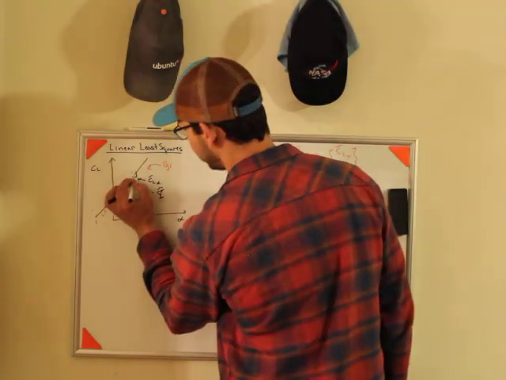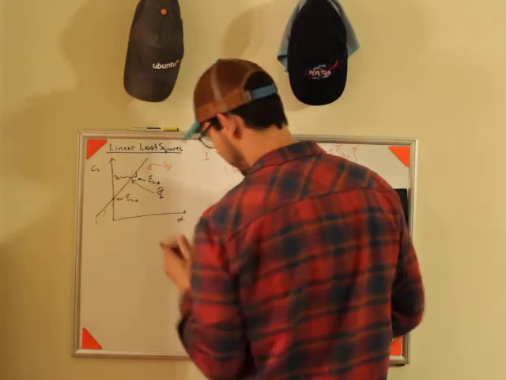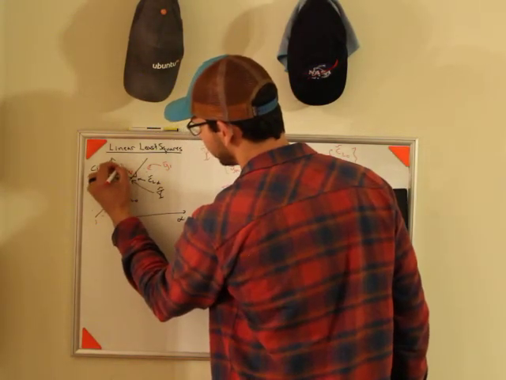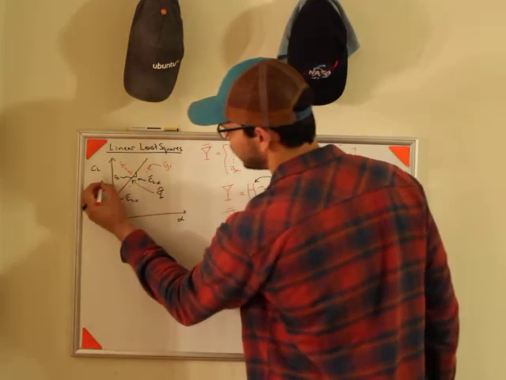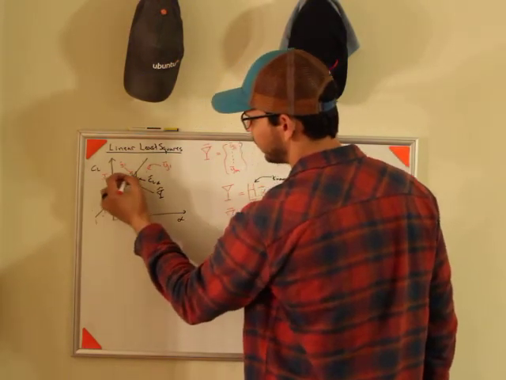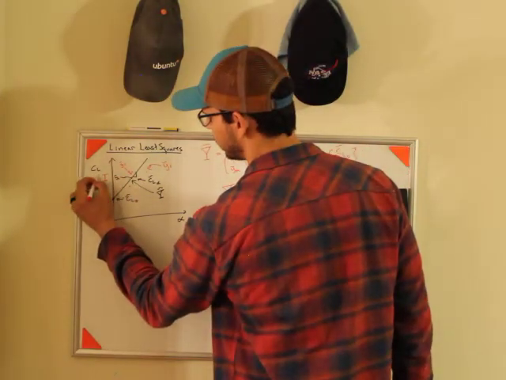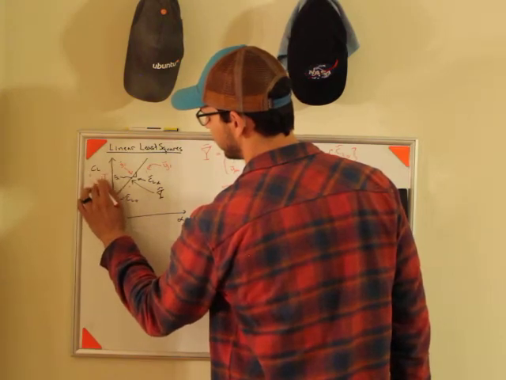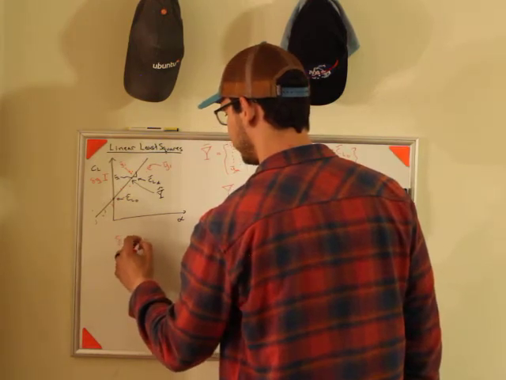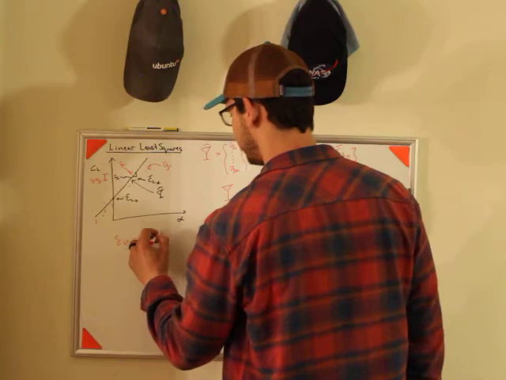So this point here is y tilde i, and this point here is y bar i. You can see the difference between my regression equation and my measurement is what I call delta y, where delta y is y bar i minus y tilde i.